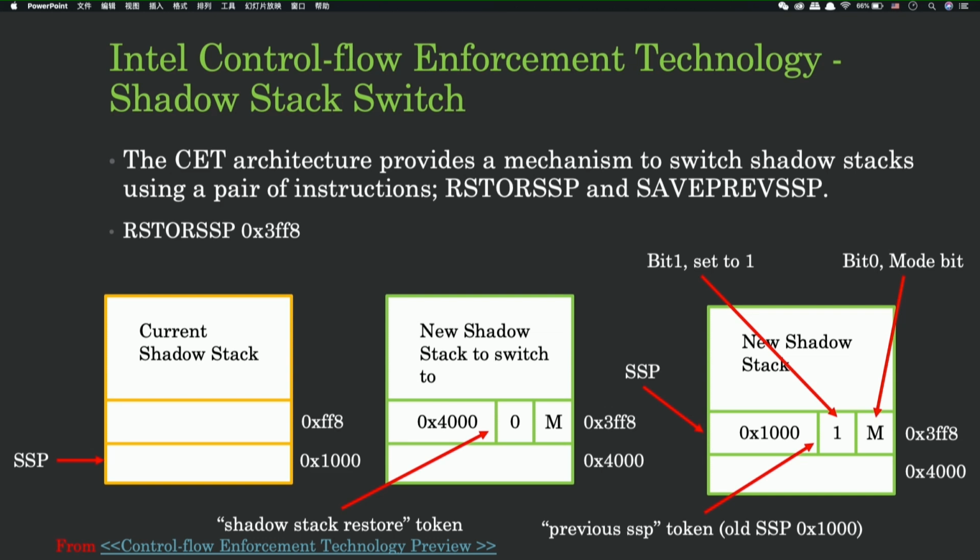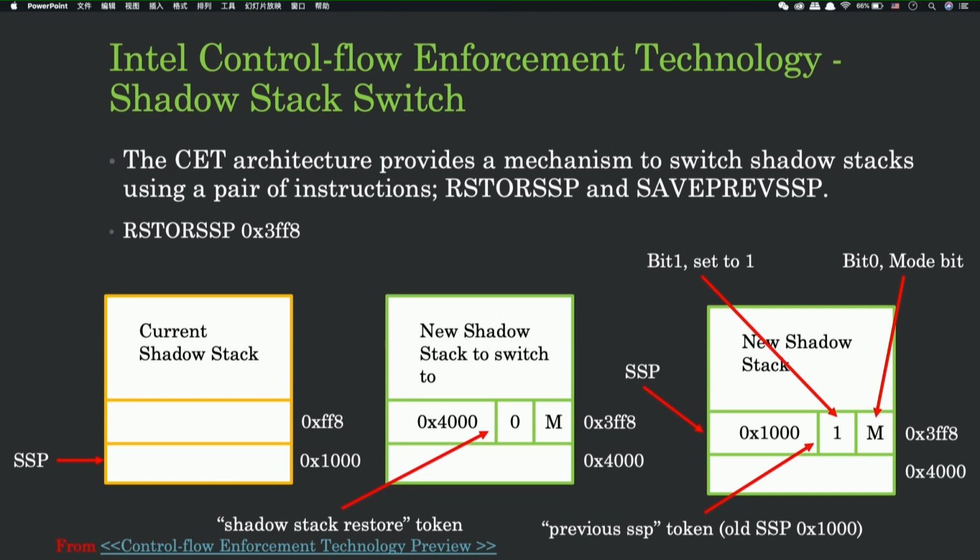This restore token's bit is 0, and this part contains the address when this token was created. That means when this was created, at that moment, this is the shadow stack pointer. So what we're doing here is replacing this with a previous shadow stack token.